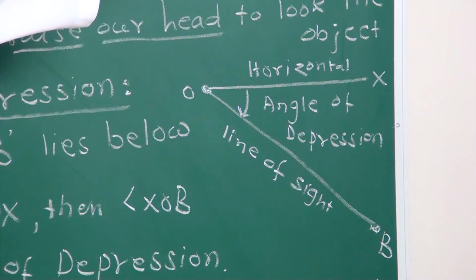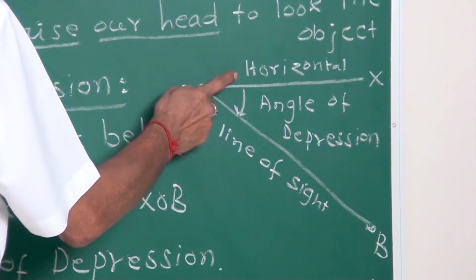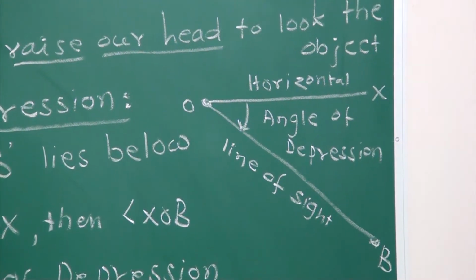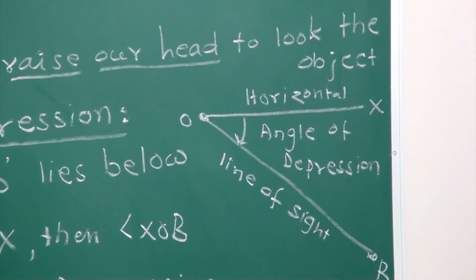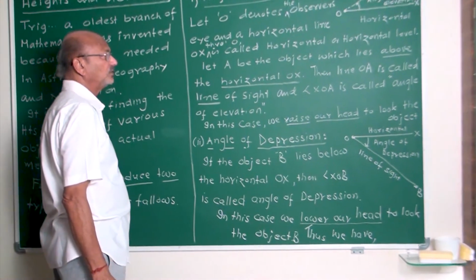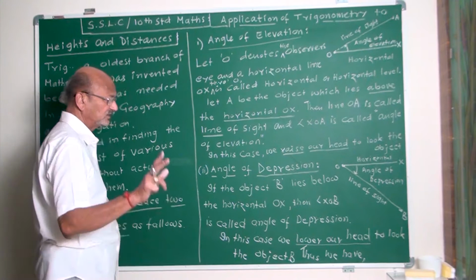If the object is above, angle of elevation. If the object lies below the horizontal, angle of depression. These are the two main definitions, my friends, two basics. These are angles.